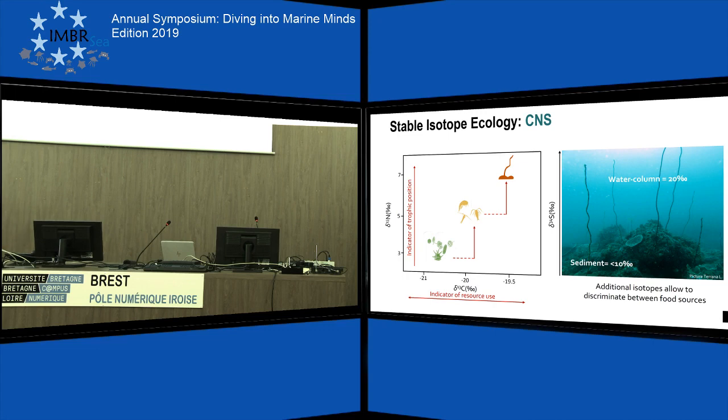In addition, sulfur isotopes are also used and are very useful to discriminate between food sources. And in a marine system, they also help to discriminate between the organisms that rely on the sulfur source from the water column, which will have a value of around 20 per mil, and those that rely on the sulfur source from the sediment, which is normally less than 10 per mil.